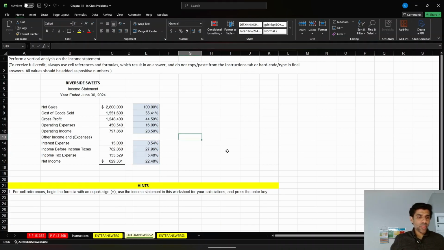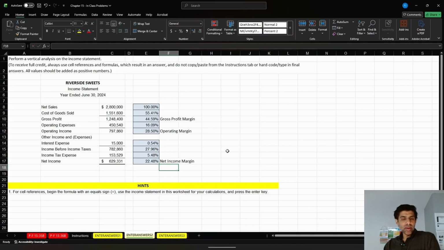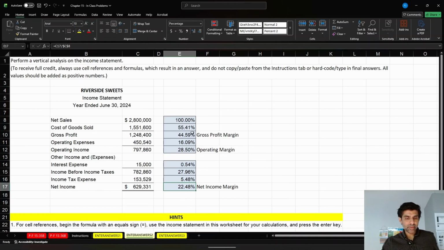Okay, so this analysis is really useful because we've already calculated a lot of the margins. This is your gross profit margin. This is your kind of operating margin. This is your net income margin. So you can see that out of every $100 of revenue that you generate, $22.48 you're keeping as profit, and you can see all the other steps in that process, right?